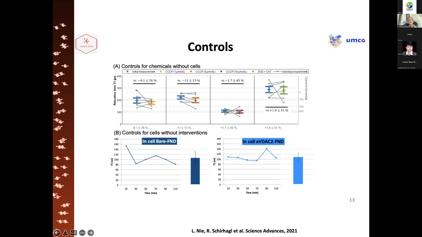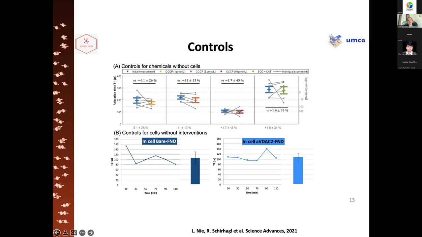So the gray lines are individual experiments from single cells, while the colored bars represent the averages that you can see here. We had particles and we added different chemicals, but we did not add cells.